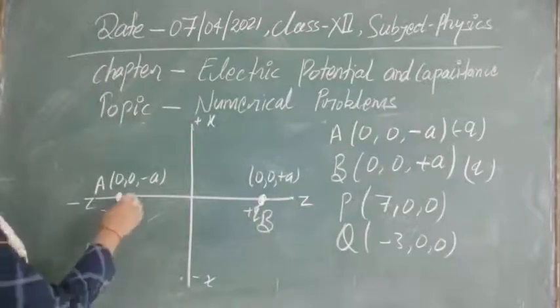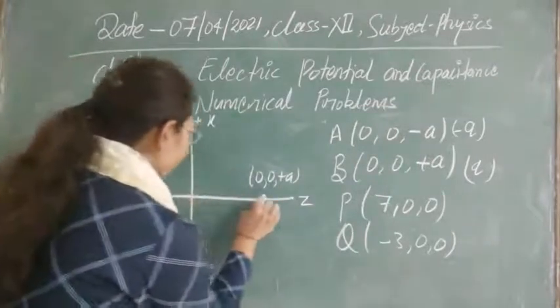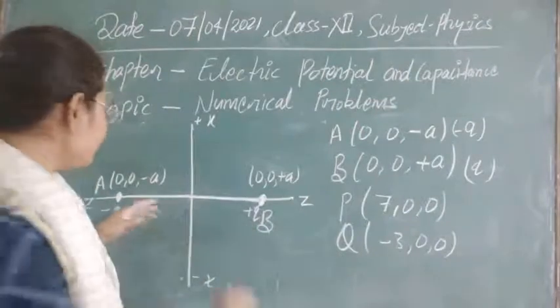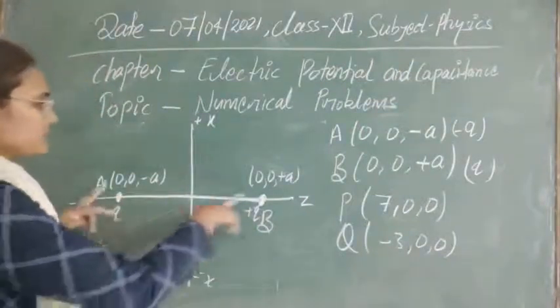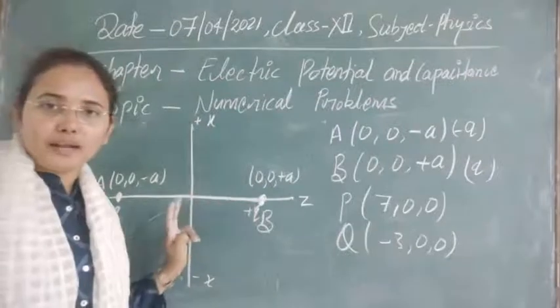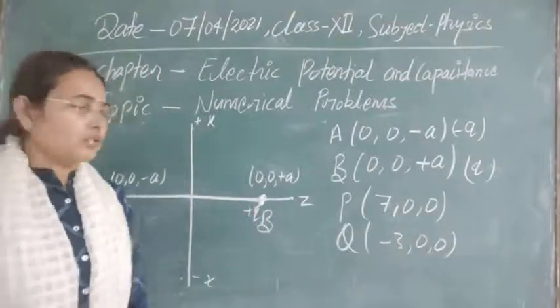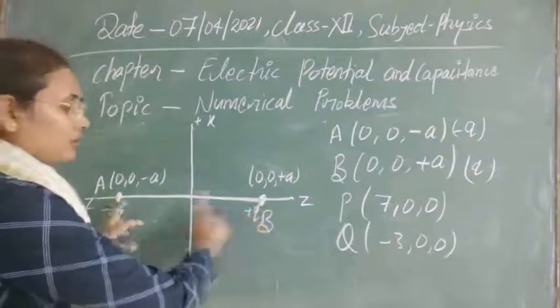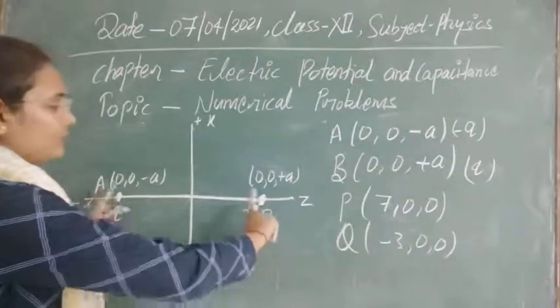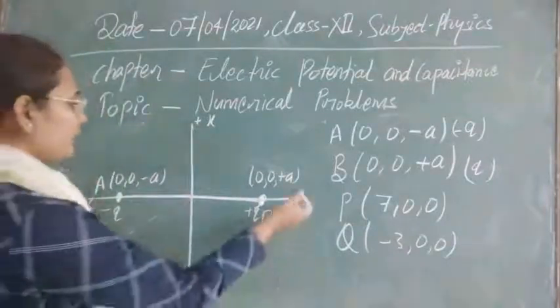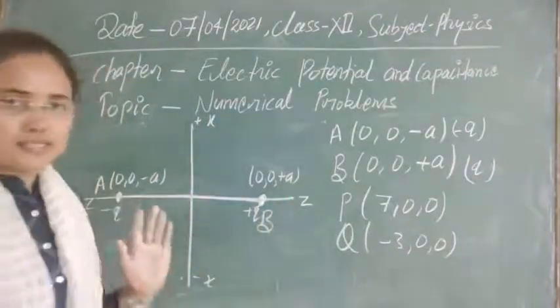Now if you see these two charges, they are of equal magnitude and opposite sign. Means this is plus q and minus q charges, separated by some distance 2a, so obviously they are making a dipole here. So this is the case of an electric dipole, where the distance between the two charges is 2a, and they are along the z axis here.